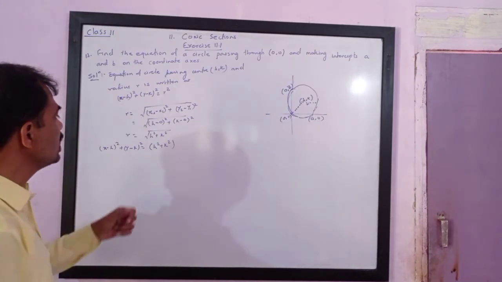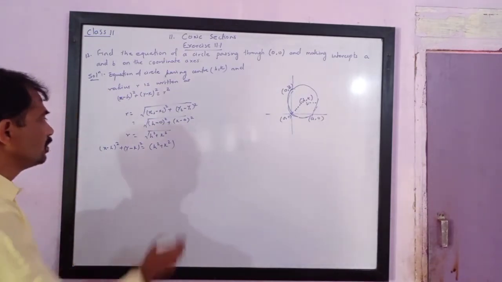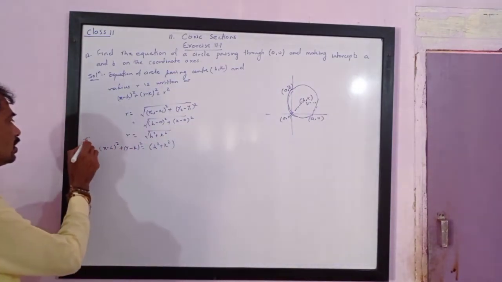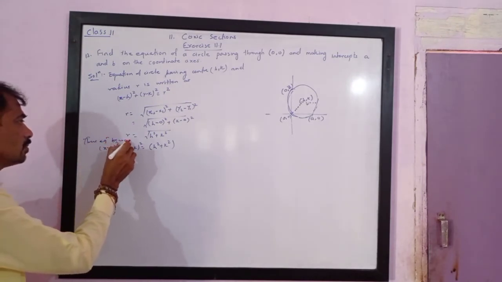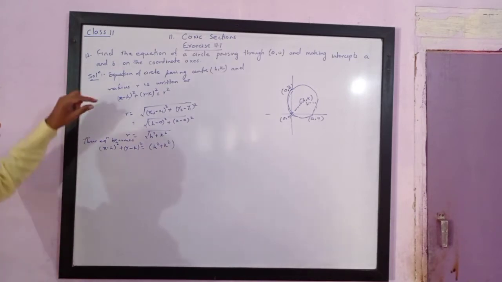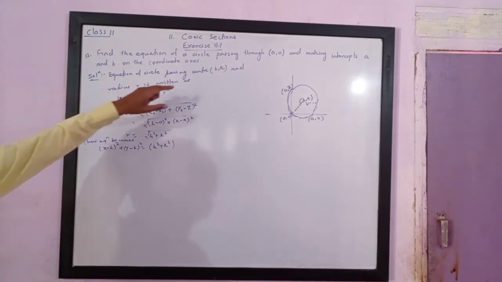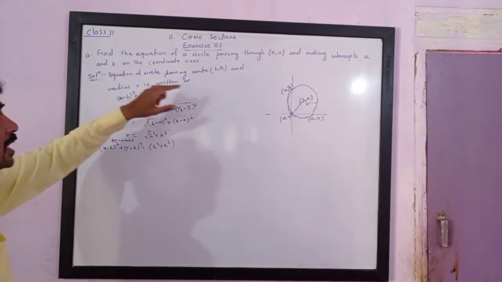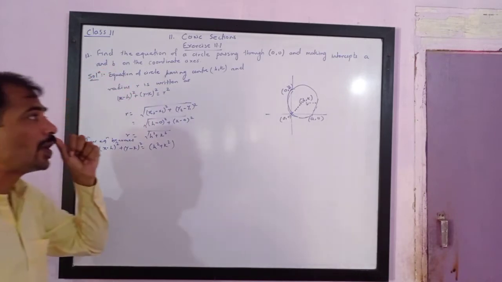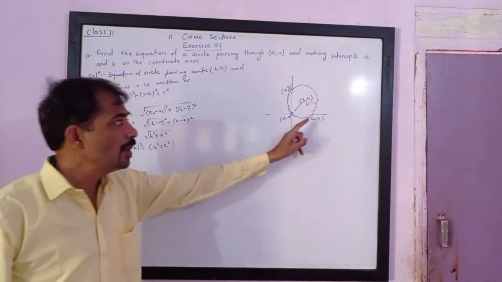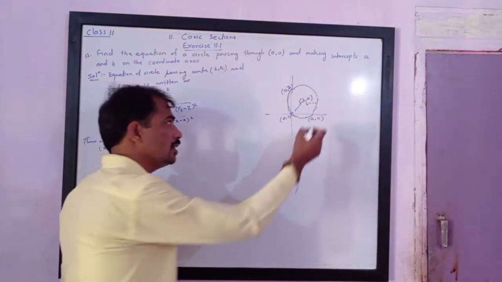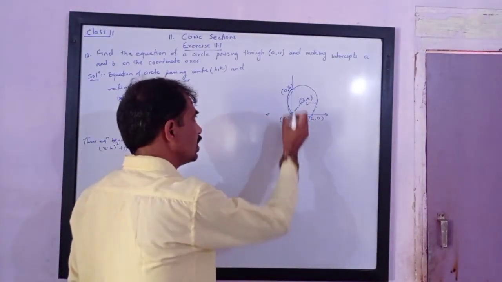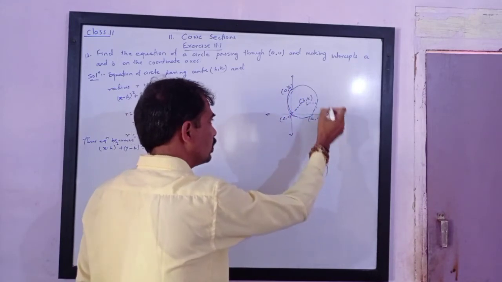Now if you expand this equation, thus equation becomes, now please note, the circle makes the intercepts a and b on coordinate axis. That is, if it makes a intercept on x-axis, then it must pass through (a, 0).